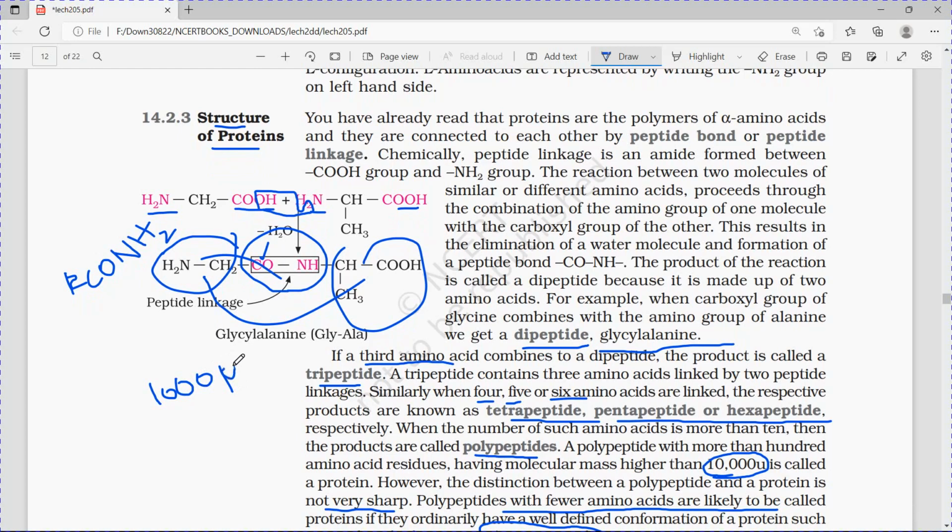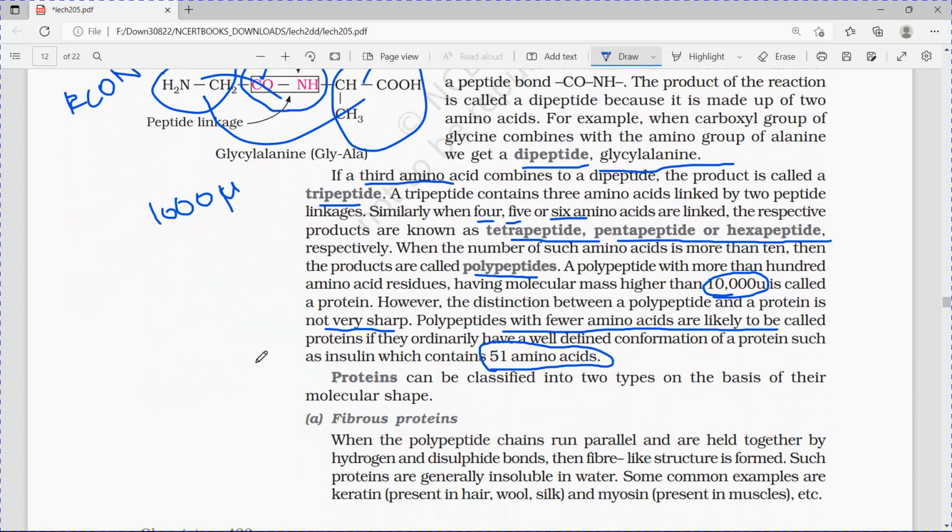Then there comes a question: what is the difference between a protein and a polypeptide? It is not very sharp, right? Even a polypeptide with 51 amino acids is also called a protein, right?